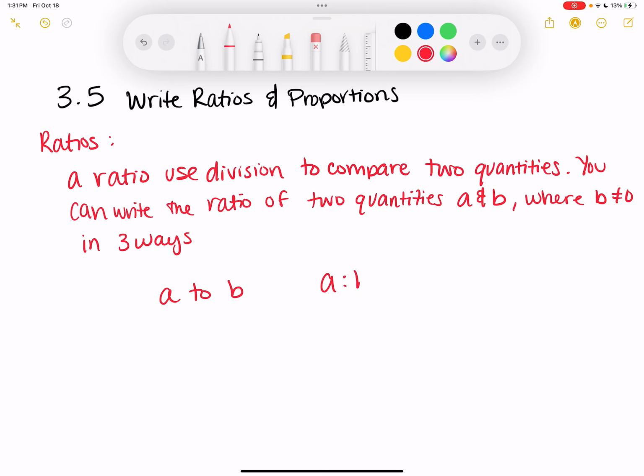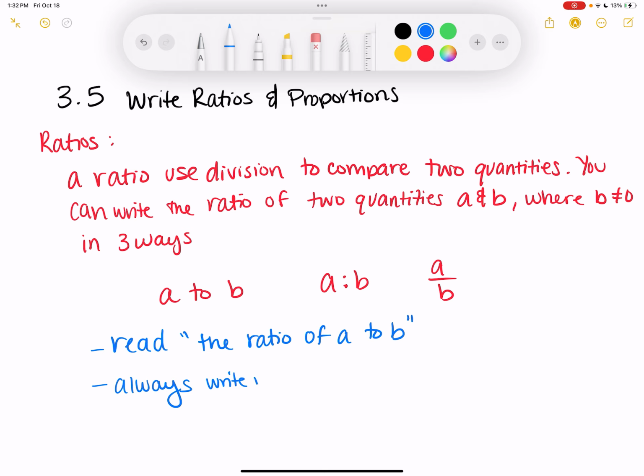We can write it as A colon B, or we can write it as A divided by B. It is read as the ratio of A to B. No matter which form we write it in, we always read it the same way, the ratio of A to B. Always write ratios in simplest form.